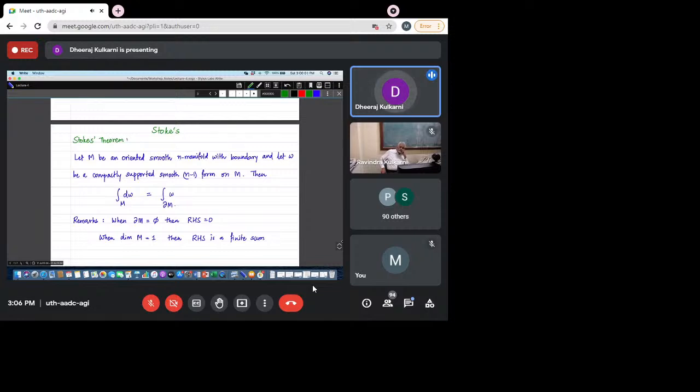Okay, so this statement requires some remark. It has a special interpretation when the boundary of M is empty. That means you're looking at a closed manifold. Then the right hand side is to be interpreted as 0, because the boundary is empty, so the integral on that side is 0.